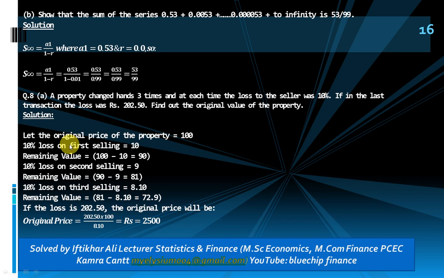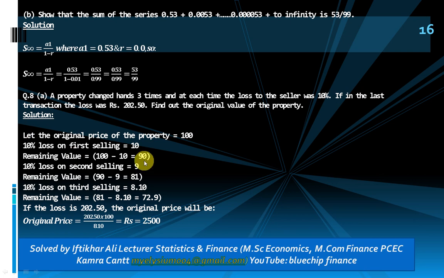First of all, because we don't know the original price of the property, we assume that the original price was 100, so the 10% loss on the first selling will be 100 multiplied by 0.10, that is 10. So the remaining value after the first transaction will be 90.